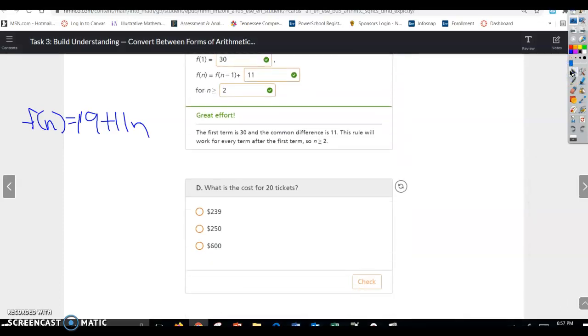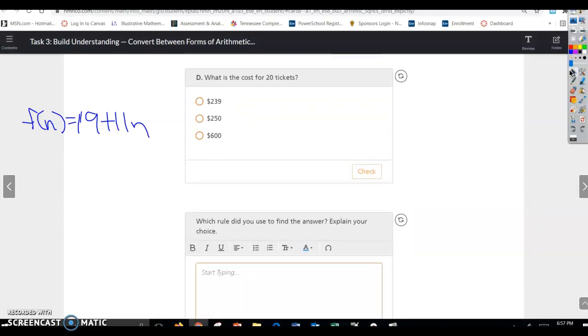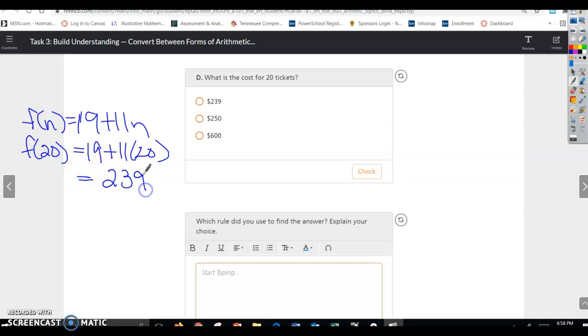All right, and the question says, what is the cost of 20 tickets? So that means n is 20. So we're going to do 19 plus 11 times 20. All right, so that equals 239. So 20 tickets cost $239.